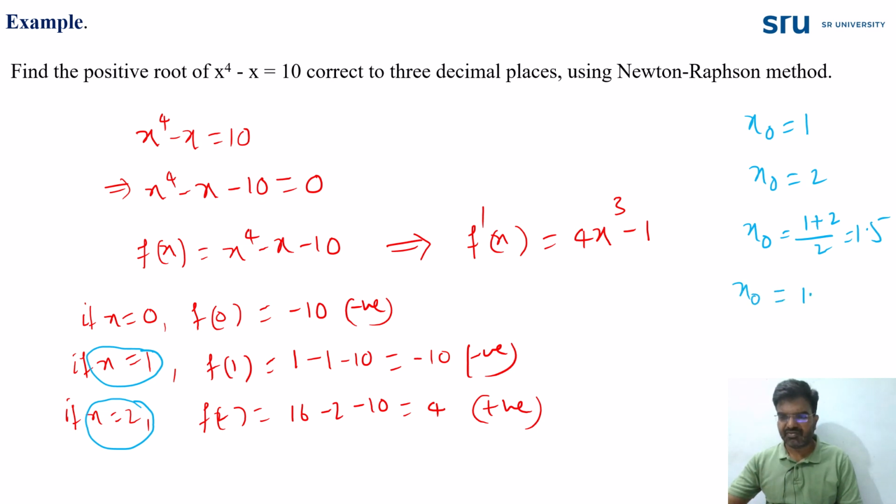You can also take some 1.3 or 1.4. So you can consider the initial value from the interval 1 comma 2. That is your choice. In general, we can start with 1.5, or you can also start with 1.